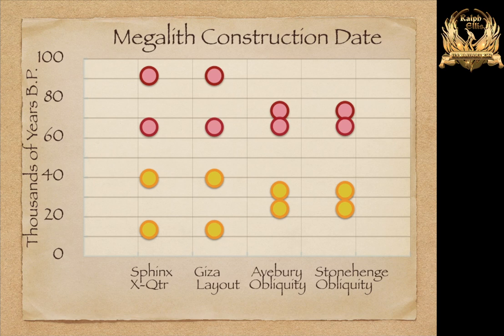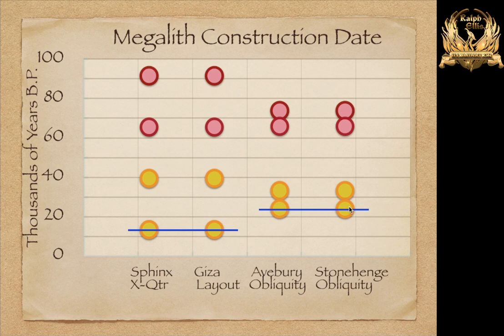And so, well, what are we going to choose? The youngest, and perhaps the most obvious of dates, are these ones. So here we have Avebury and Stonehenge at 24,000 years ago. Again, a very long time ago indeed.